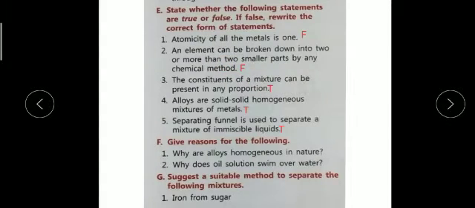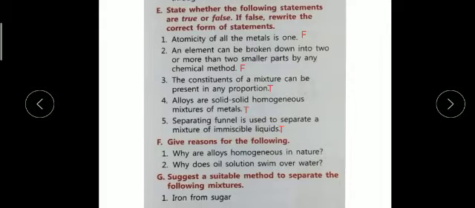First one: atomicity of all the metals is 1, so it is false. Atomicity of all the noble gases will come, so noble gases, all the helium, neon and all. As you know, elements are divided into metals, non-metals, noble gases, metalloids.